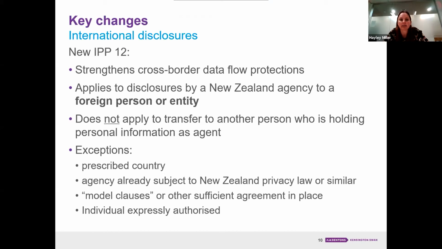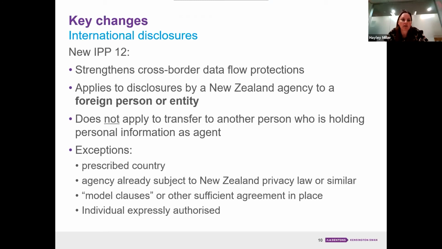Obviously, if they are in New Zealand, it becomes easier to comply, particularly when you feel confident that that entity is doing business in New Zealand and therefore is obliged to follow New Zealand privacy laws. So very helpful. And one would think that we will be seeing more prescribed countries as well, but at this point, that has not occurred with no indication of timing.